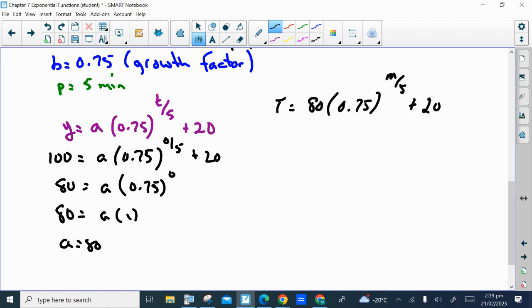So the capital T is the temperature of the water, the little m is the time in minutes. So there's our equation. Okay?